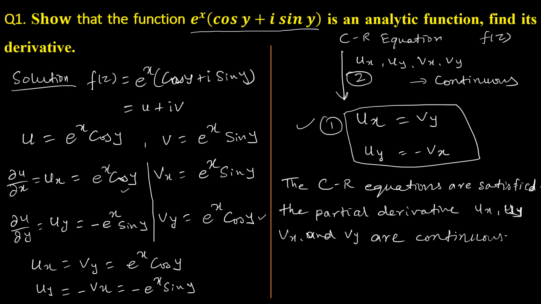It is a combination of exponential and trigonometrical functions, so that you can derive in the polynomial function as well. So it is continuous. So you have the analytic function, the given f(z).